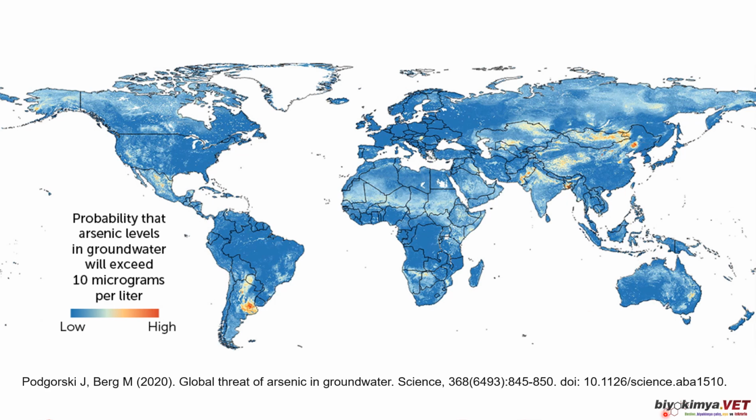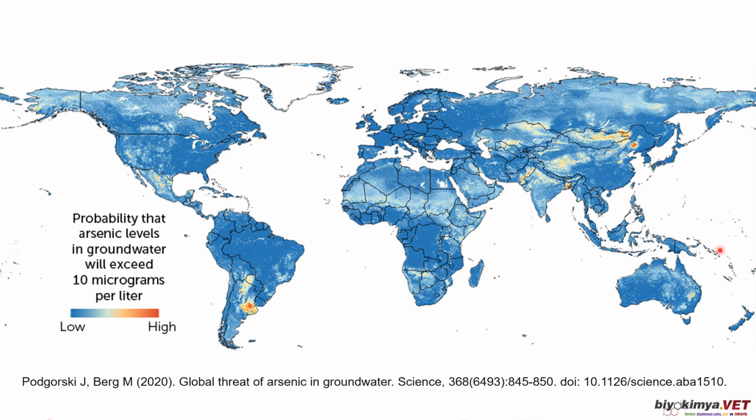And we know arsenic naturally occurring in groundwater affects millions of people worldwide. So Podgorski and Berg created a global predictive map of groundwater arsenic. This map revealed areas known to be affected by arsenic and areas of concern that had not previously been documented.